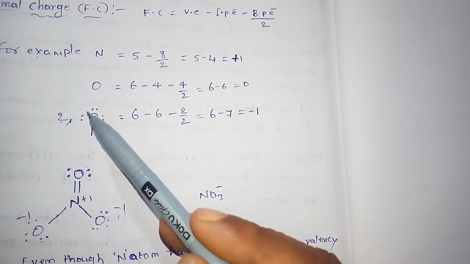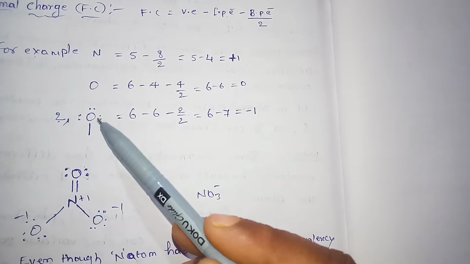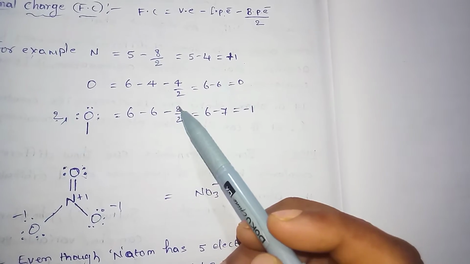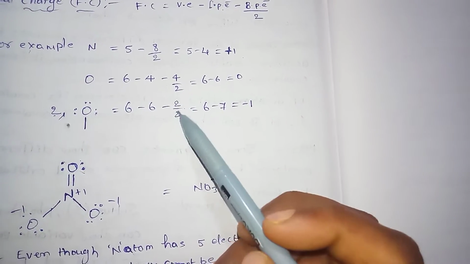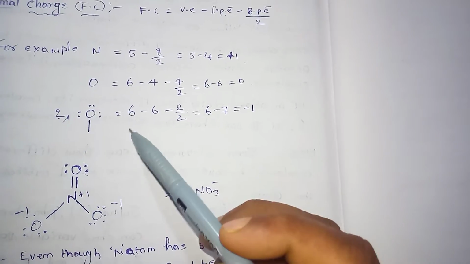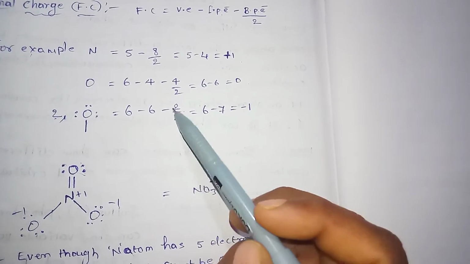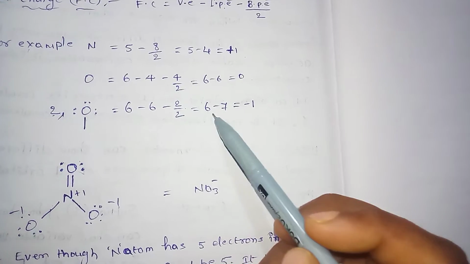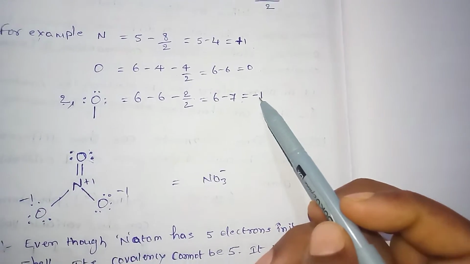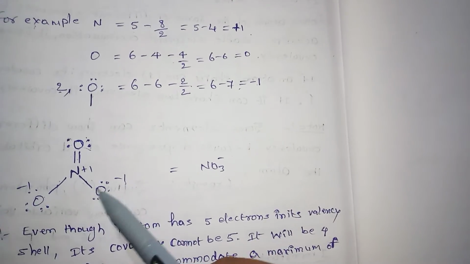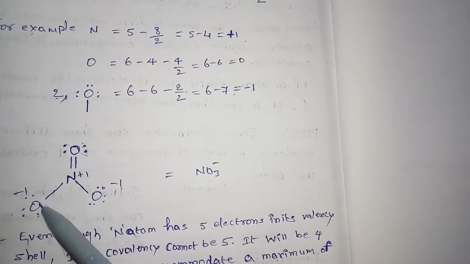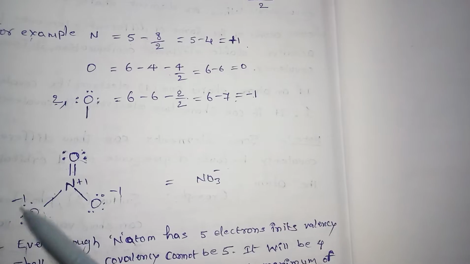See here, 2, 4, 6, minus bond pair electrons by 2. So 1 bond means 2 electrons, 2 divided by 2. That is equal to 6 minus 6, minus 1, together minus 7. So 6 minus 7 is equal to minus 1. So this oxygen atom has minus 1 charge. Similarly, this oxygen atom also has minus 1 formal charge.